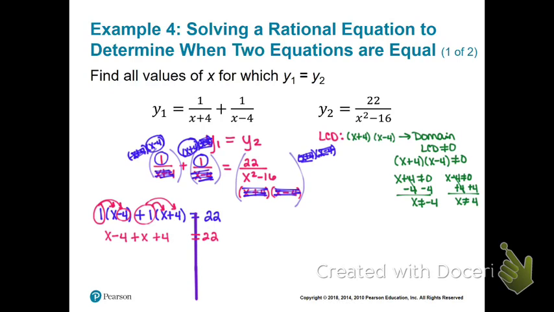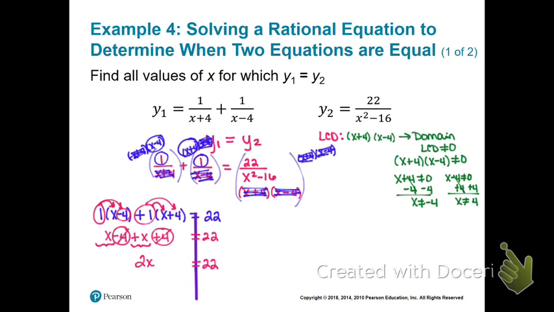Now what? All right, combine like terms. So we have x plus x, which is 2x, and negative 4 plus 4 is 0. So we have 2x equals 22.